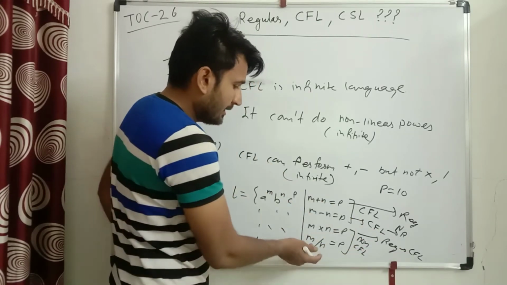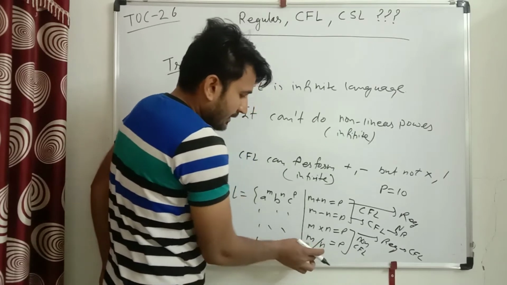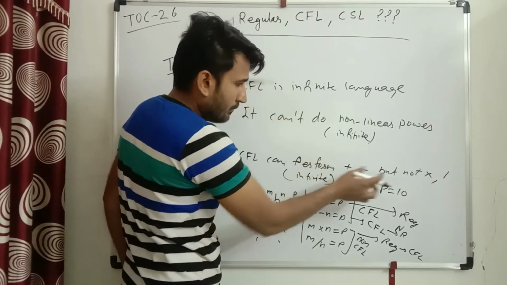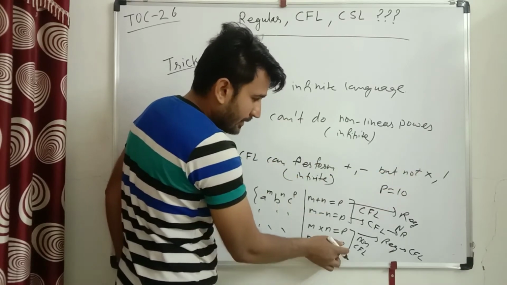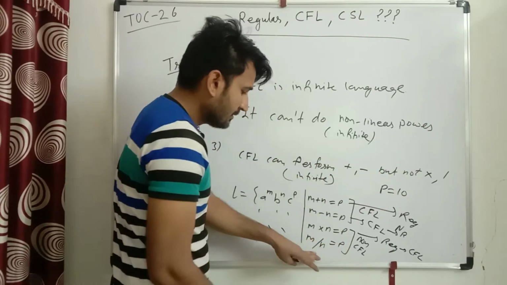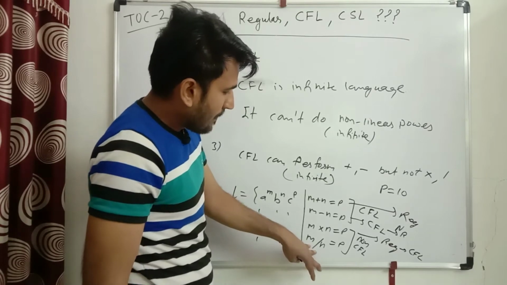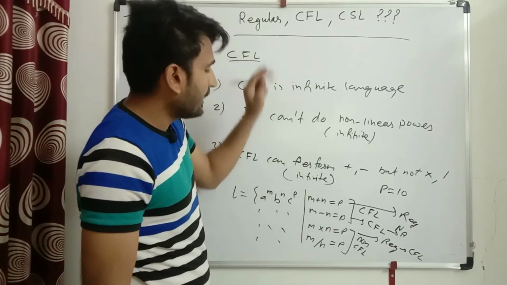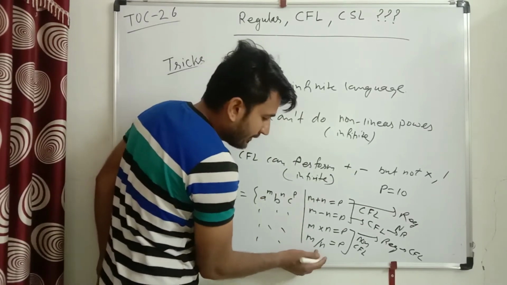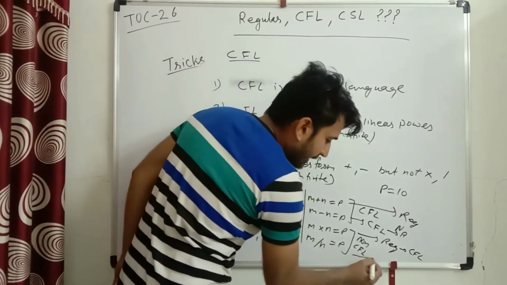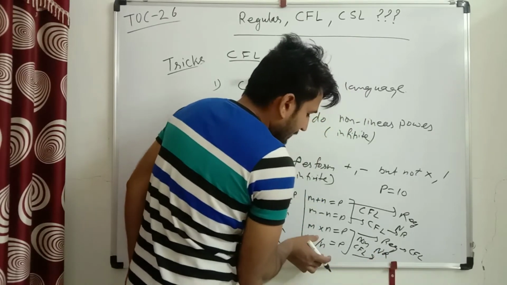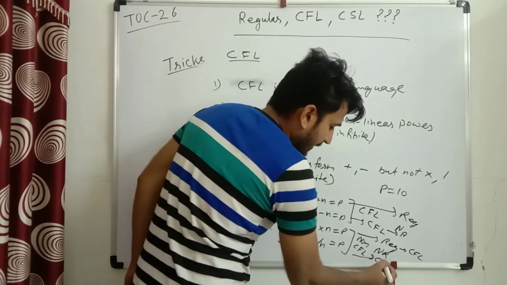Next, it can't perform division. But if P equals 10, then as I already told you in regular language, it can't be a regular language. It is non-regular, and it can be CFL.